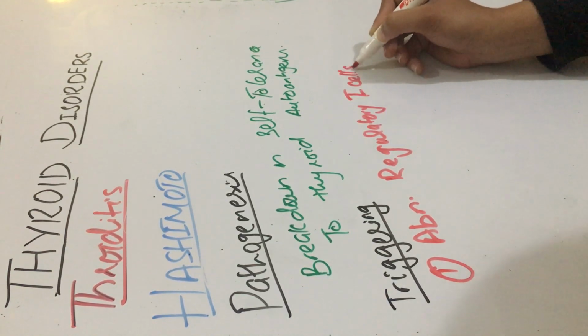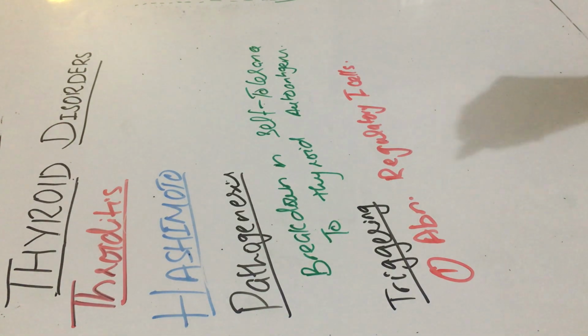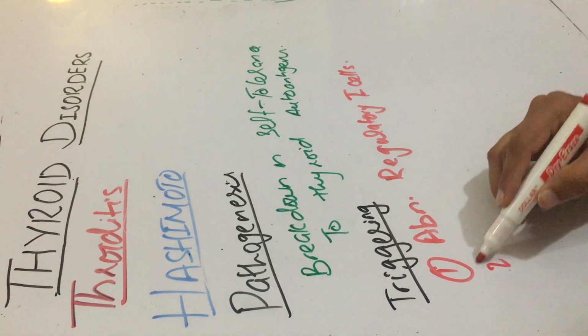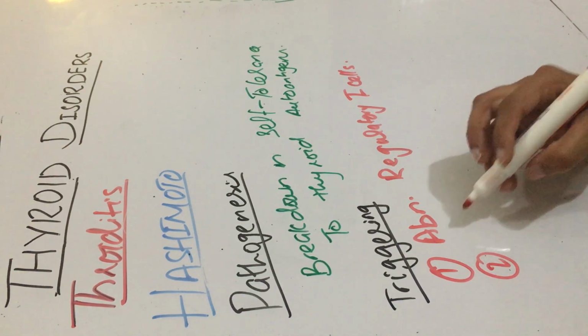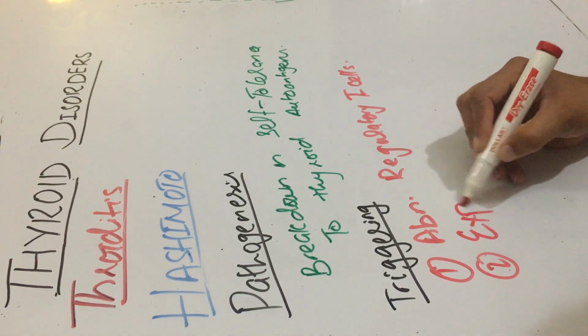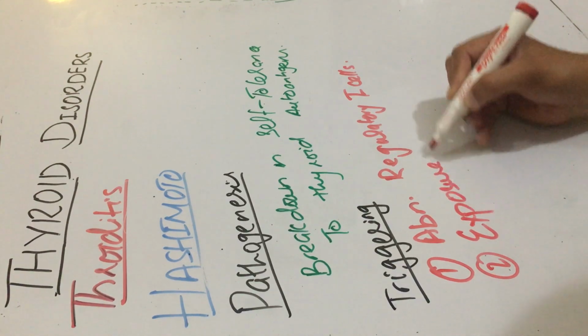Whatever the cause, these regulatory T cells cannot function properly, and they order the other immune cells to form the B cells and plasma cells to form the antibodies against the thyroid antigen.